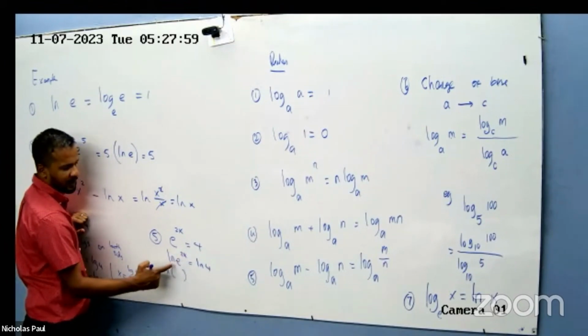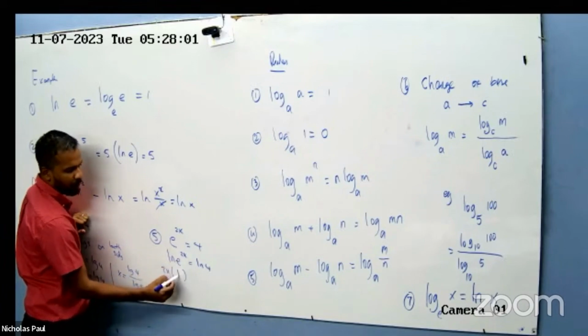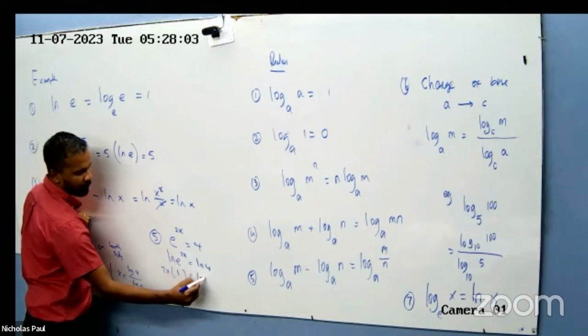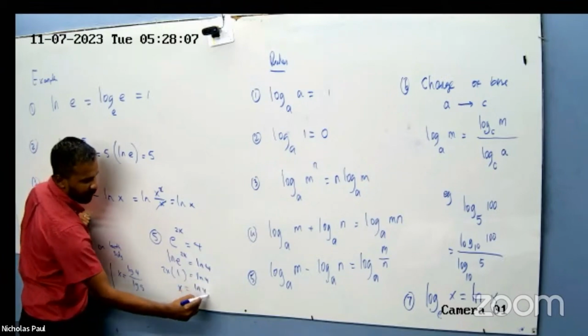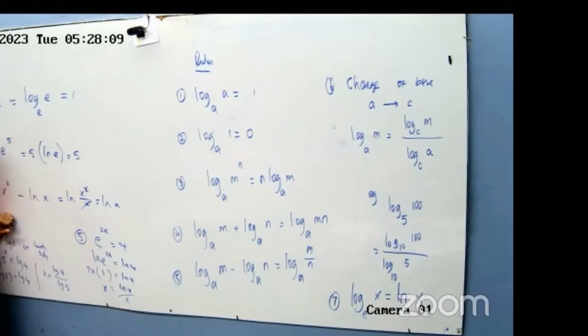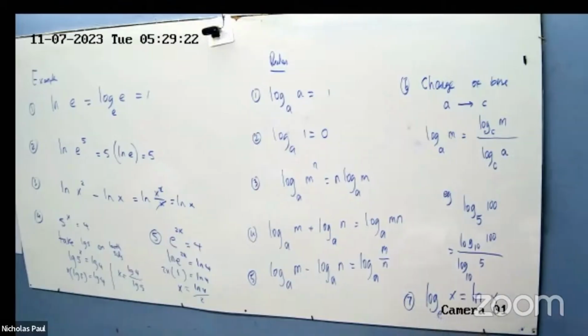But what is ln e? Ln e is 1, right? And ln 4 is something in the calculator. So x is equal to ln 4 over 2. Right, so if you see a ln question, same rules that you would apply for log, you apply it for ln. Okay? So let's make a note of that, please.